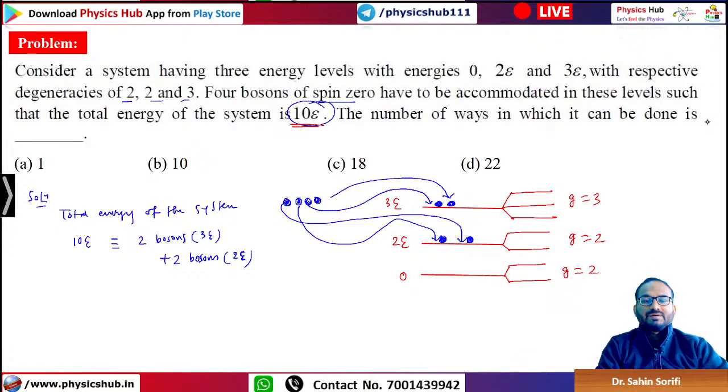Number of ways is multiplicative. Let's say for this the number of ways is W1, for this W2. The total number of ways will be W1 times W2.